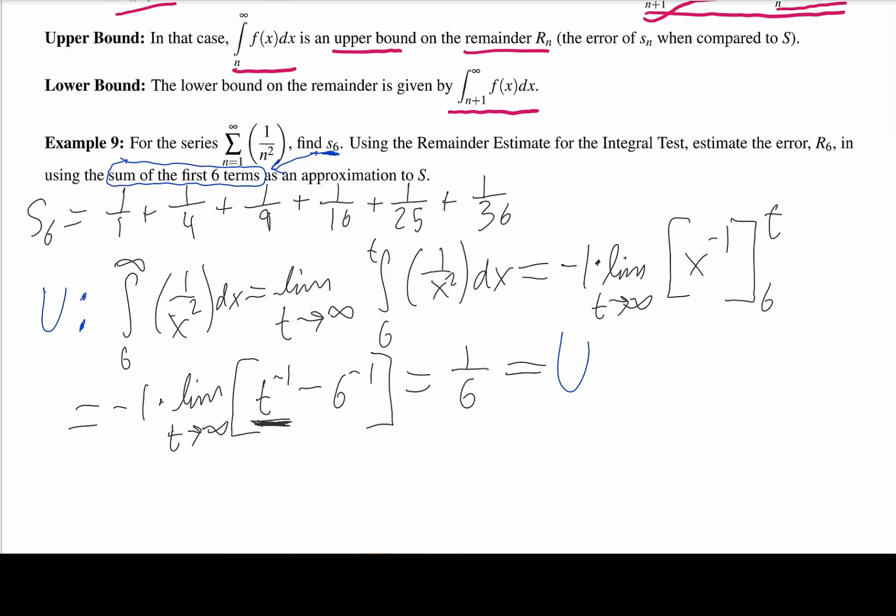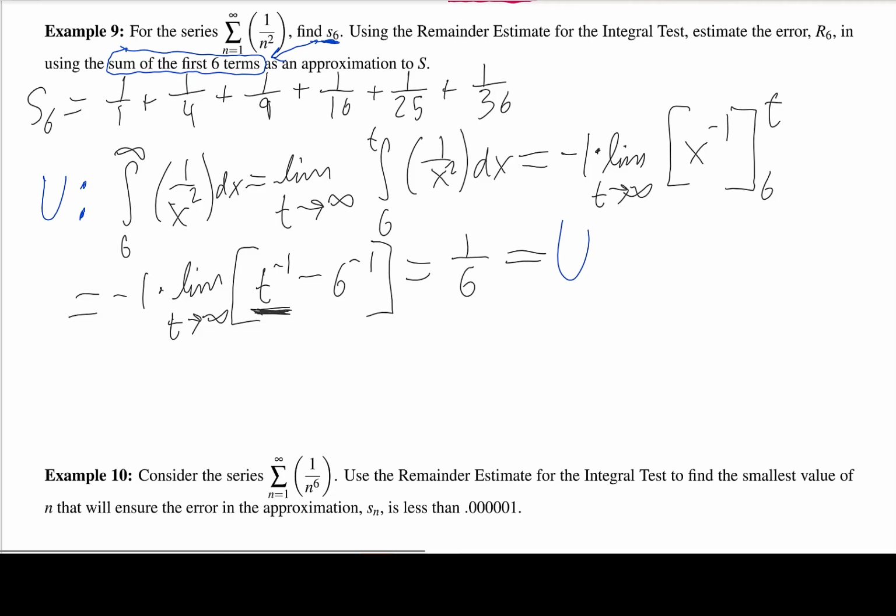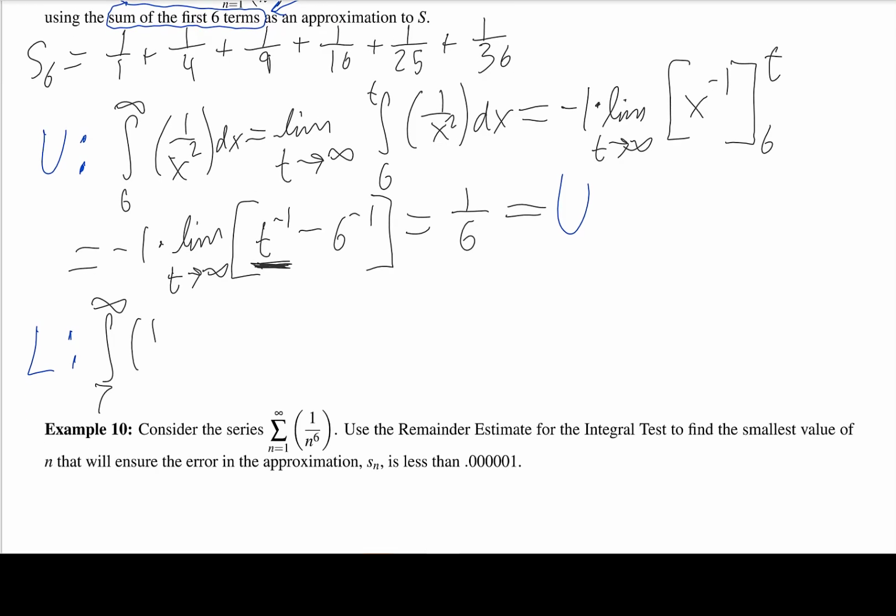Well, now I want to get the lower bound. To get the lower bound, I'll calculate the integral from 7 to infinity of 1 over x squared dx. And I already know from the pattern that I saw in U that this is going to be equal to 1/7.